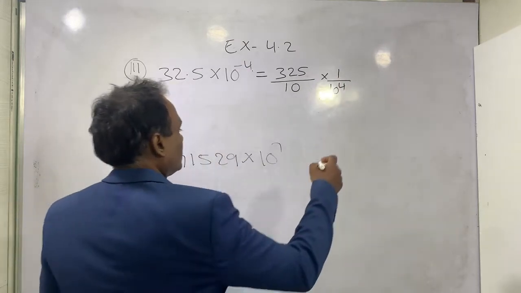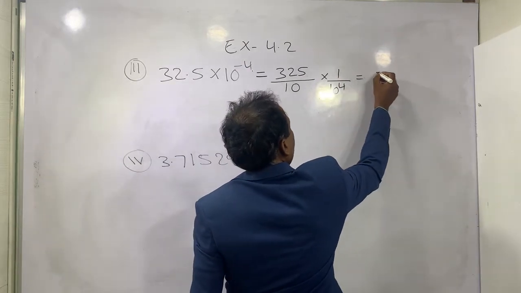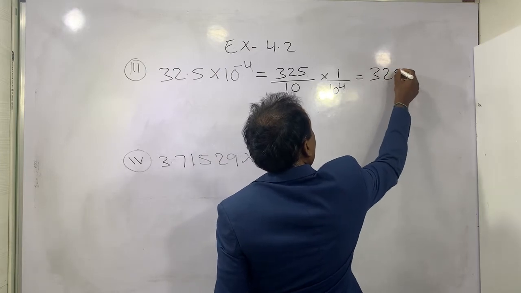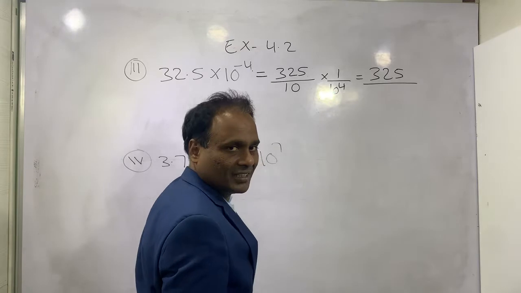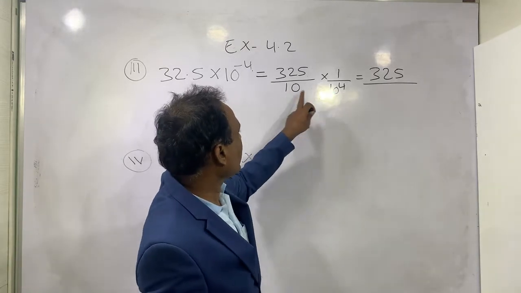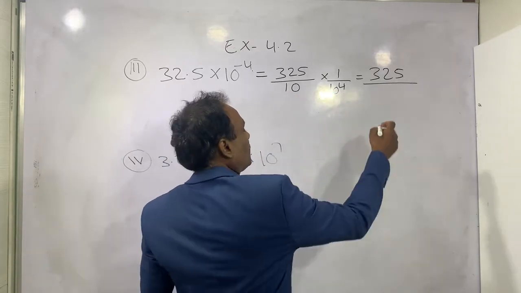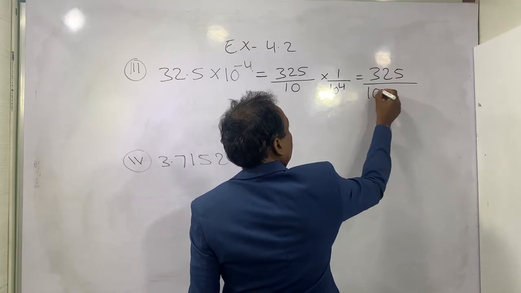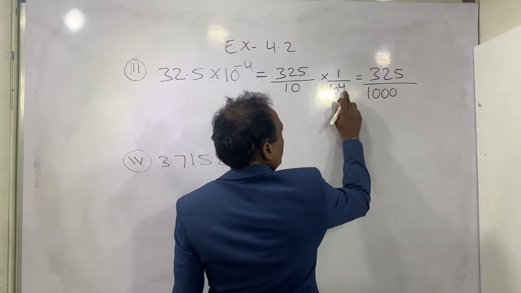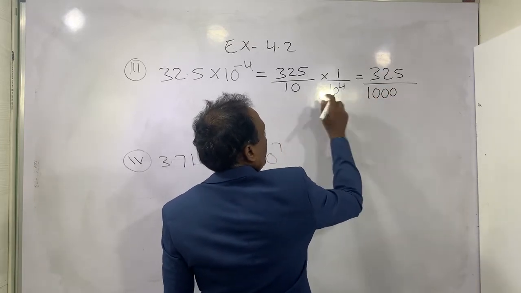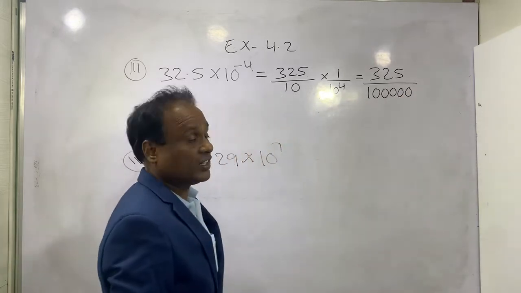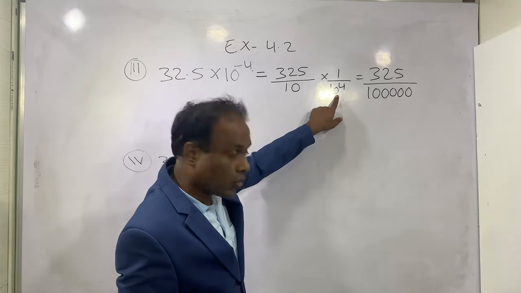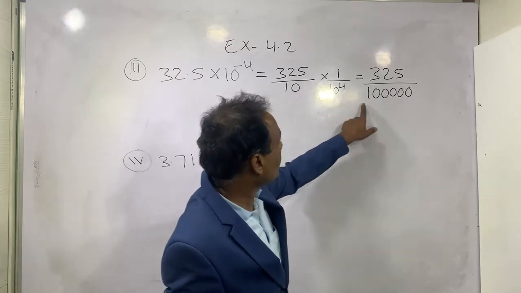Total 325 by 10 to the power of 5, since 10 and 10 to the power of 4 make 10 to the power of 5. That means after 1, 5 zeros: 4 zeros and 1 more, total 5 zeros.